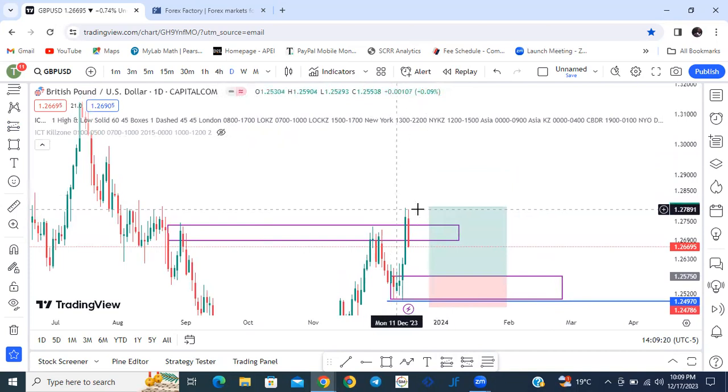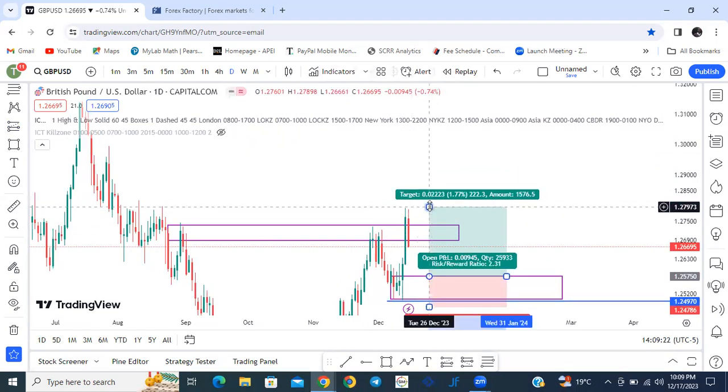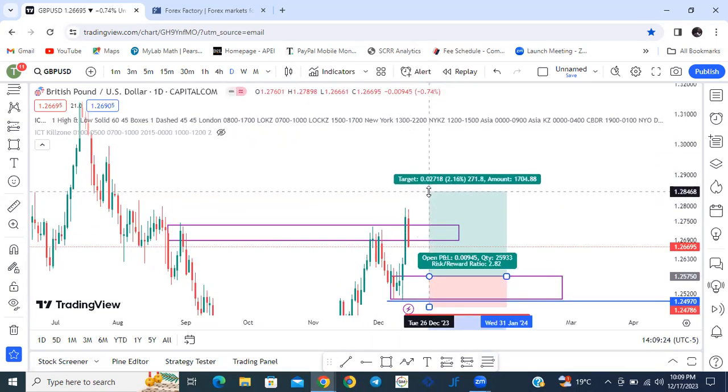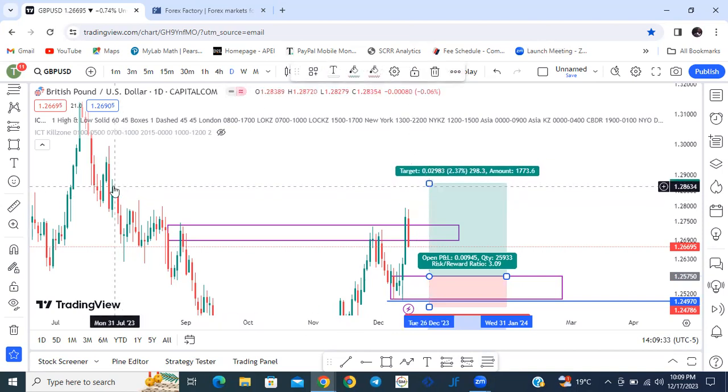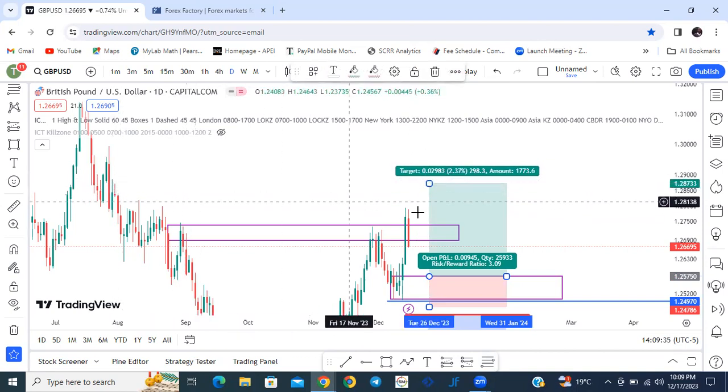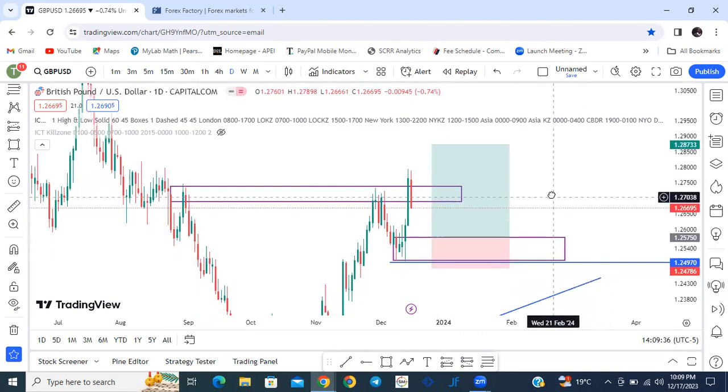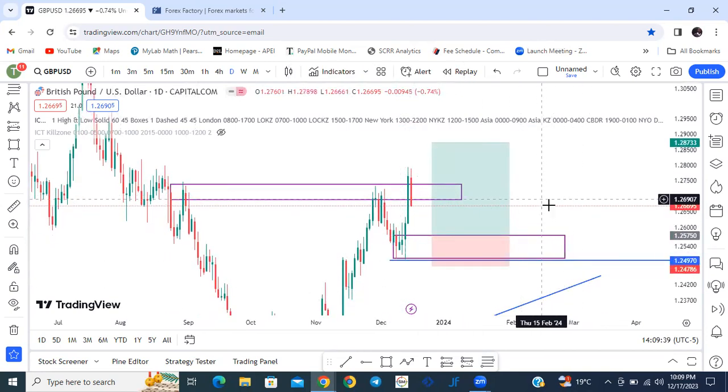This will be my first target, and then I want to push all the way up to this other target, this liquidity, giving us a risk to reward ratio of 1:3.